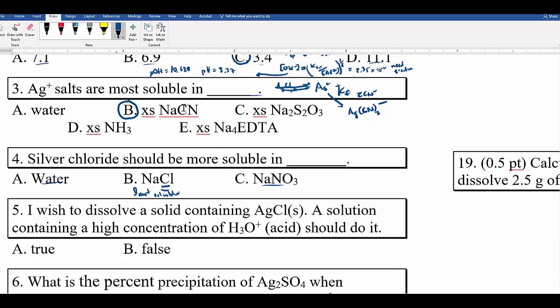It turns out sodium nitrate doesn't participate in the KSP equilibrium. If we look at the KSP equilibrium, the silver chloride solid goes to silver ions plus chloride. What happens, though, in the uncommon ion effect is this. The uncommon ion effect decreases the free silver ion concentration by forming these clusters.